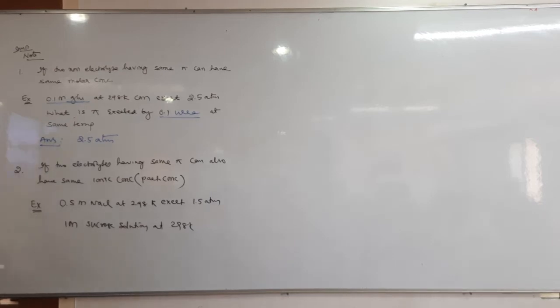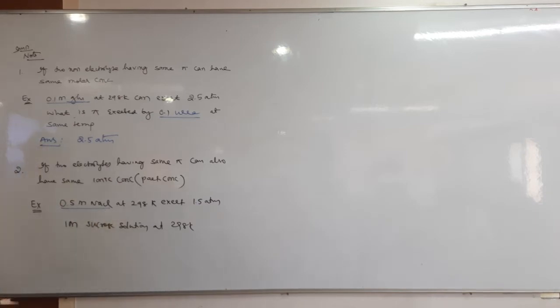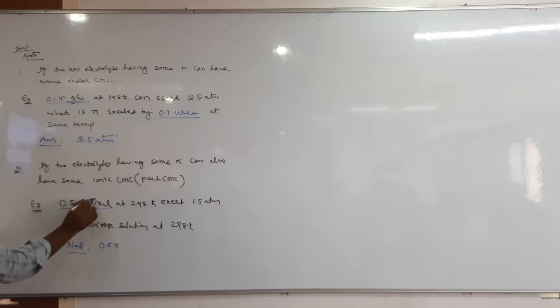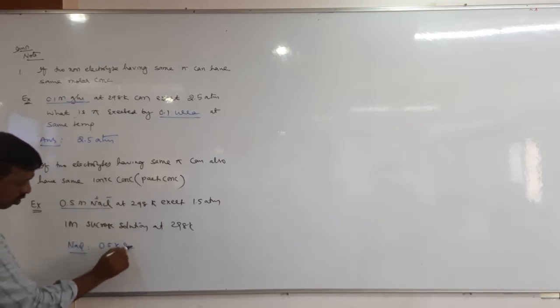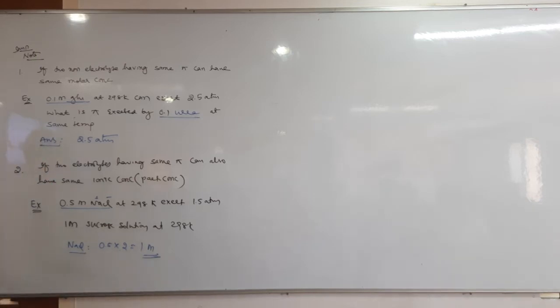So yes, see, in case of NaCl it is an electrolyte. In case of electrolyte, we need to calculate particle concentration. Particle concentration of NaCl is 0.5 into the total number of particles, Na plus and Cl minus, it is 2, which equals 1. It means 1 molar particle concentration.